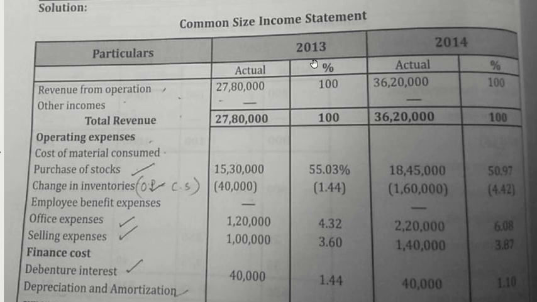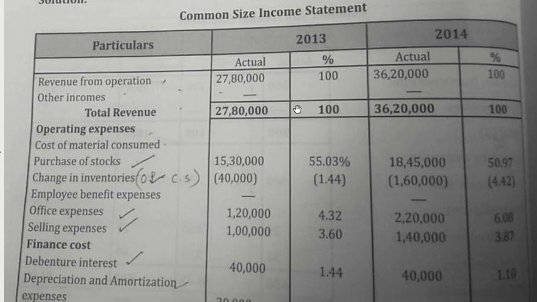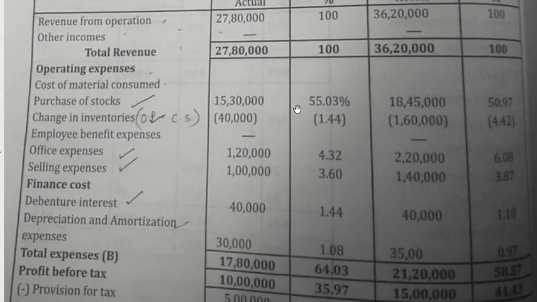Revenue from operation, so you have your 2013, 2014 actual percentage. Revenue from operation, total of your sales, which you will show as 100% for both the years. Other incomes, you do not have other incomes in your question, so total up your revenue. So all these items will be shown as a percentage of your sales.